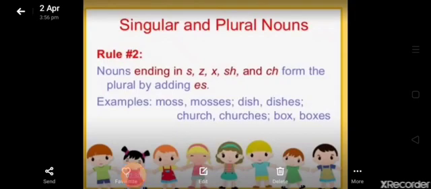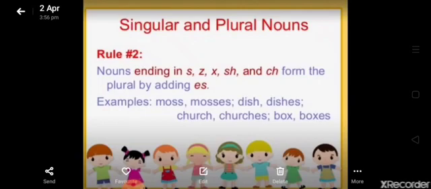Now rule number 2. Nouns ending in s, z, x, sh and ch form the plural by adding es. Always remember this. If nouns end with the letter s, z, x, sh or ch, they form the plural by adding es.